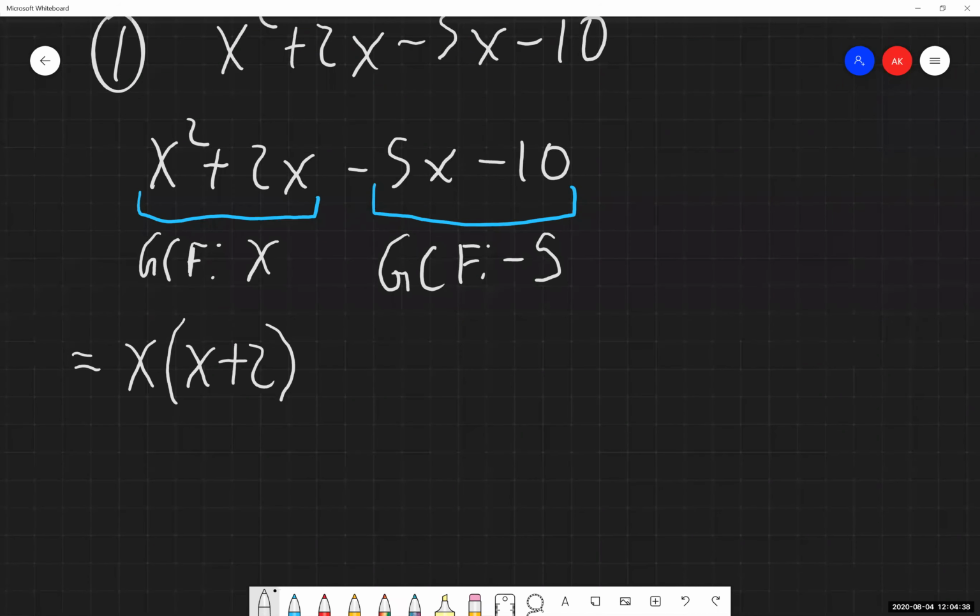With our second group, the greatest common factor is negative 5, so I'm putting that out front. And then what's left over in each of these terms when I divide them by negative 5? Well, the first one's just going to have an x, and the second term is going to be a positive 2.